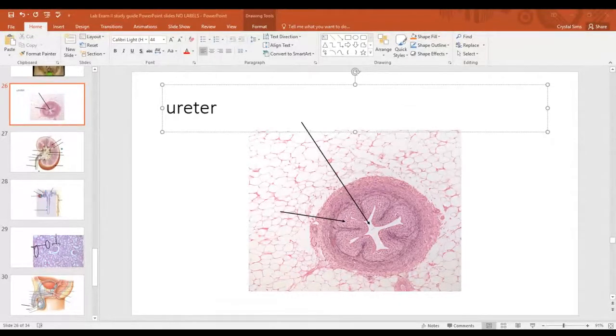So what organs do we have here? Yes, we have the kidneys. Kaylee, did it switch over to this? Can you see the kidneys?